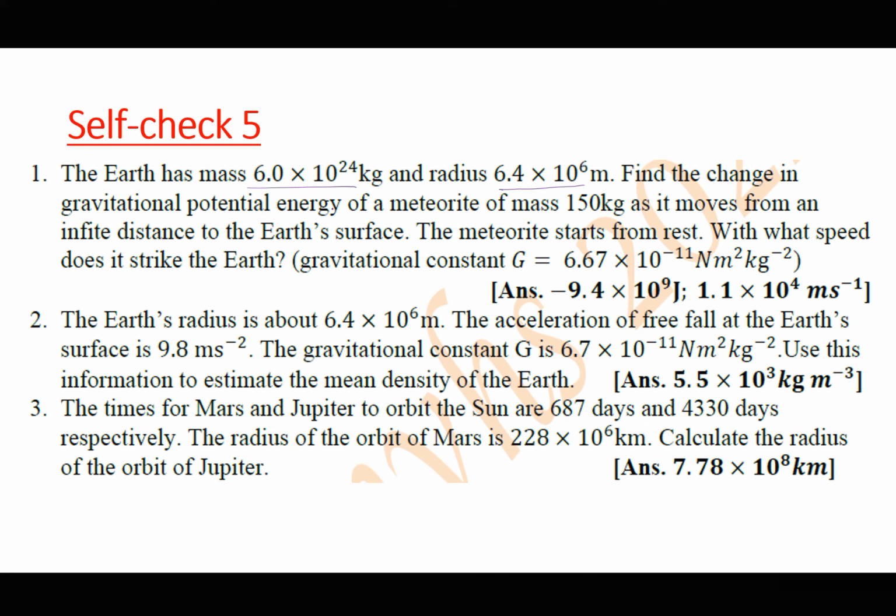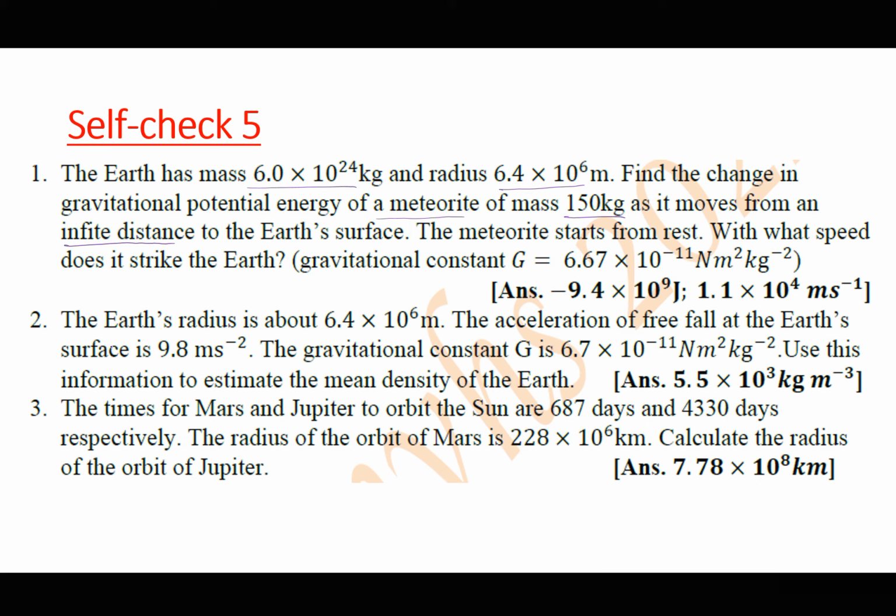Find the change in gravitational potential energy of a meteorite of mass 150 as it moves from infinite distance to the Earth's surface. So here it is moving from infinity. The meteorite starts from rest, that means its initial velocity is 0. With what speed does it strike the Earth? So the loss in gravitational potential energy as it leaves infinity should be the gain in kinetic energy.